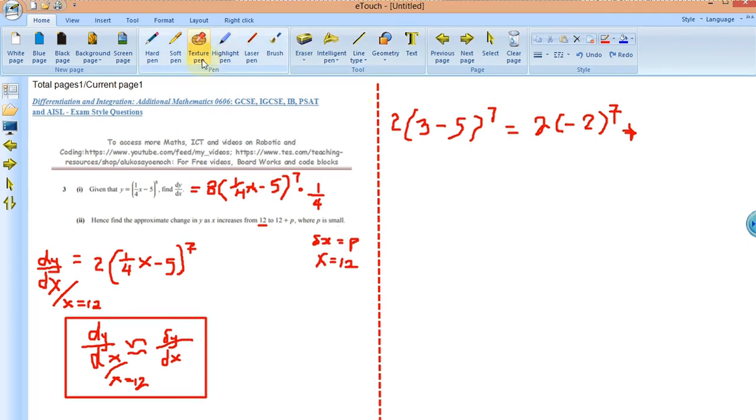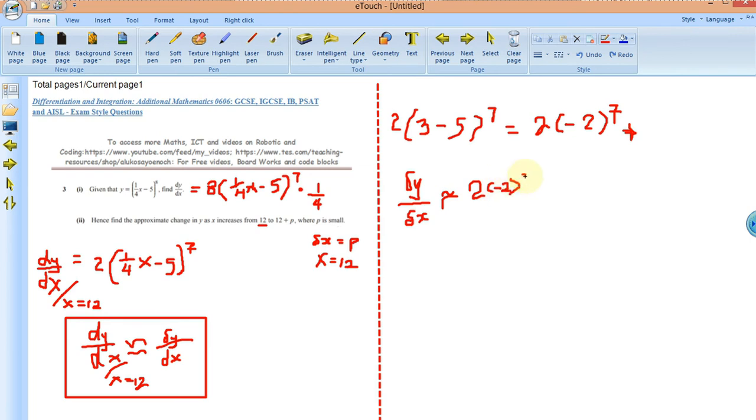You can now go ahead and write delta y over delta x, because you are looking for the approximate change in y over the approximate change in x. It is approximately equal to that value we have there, 2 into minus 2 raised to power 7.